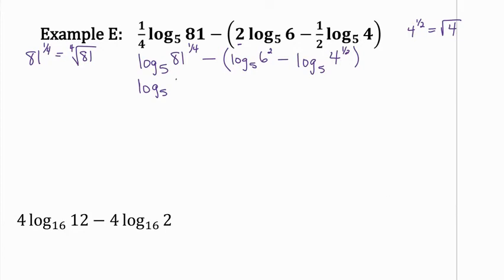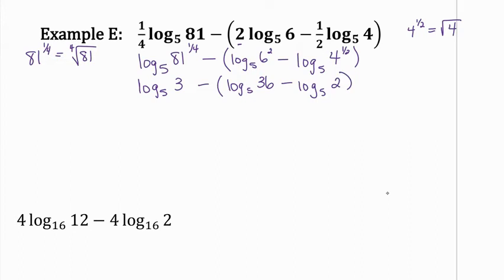Well, that would be 3, right? Or again, you could use your calculator. Remember, you've got a button on there that will do the 4th root. Look for the little radical symbol with an x on the outside of it. Okay, then minus, this would be log base 5, 6 squared is 36. And then I've got log base 5, and 4 to the 1/2 we said is like the square root of 4, which is 2. Right?